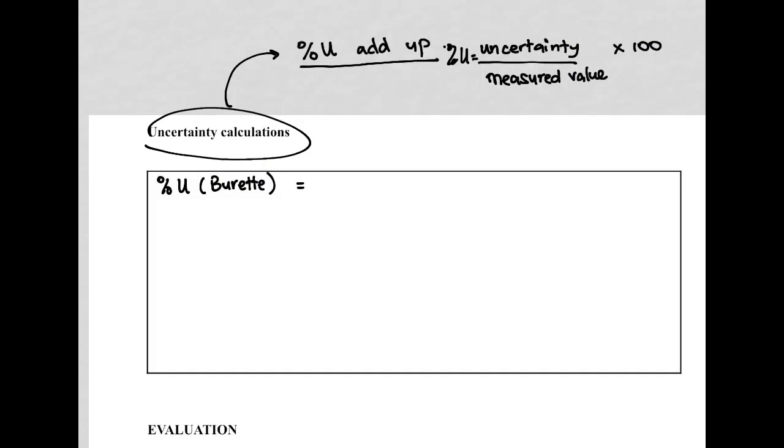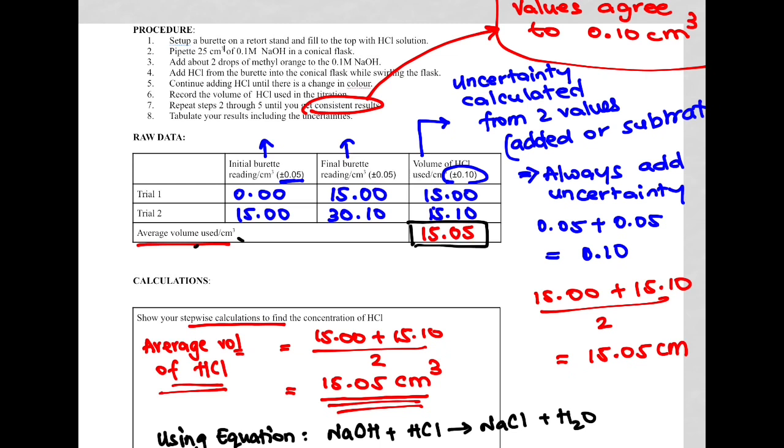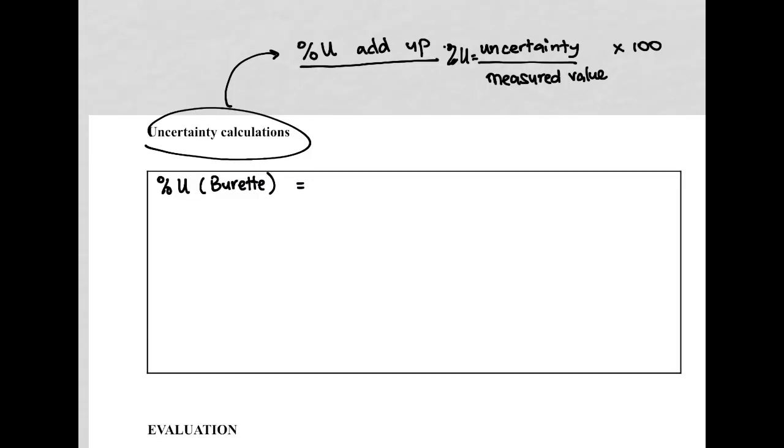So the uncertainty of the burette is this, because this is the error in that equipment after we have done final minus initial. So this is the uncertainty divided by the measured value, times 100. So this is 1% uncertainty.